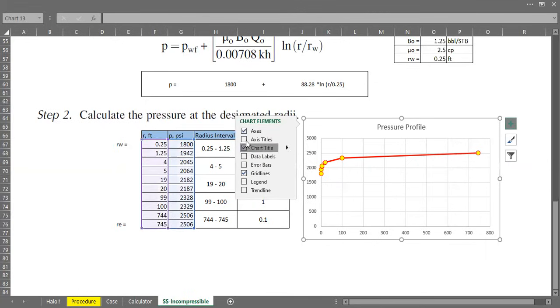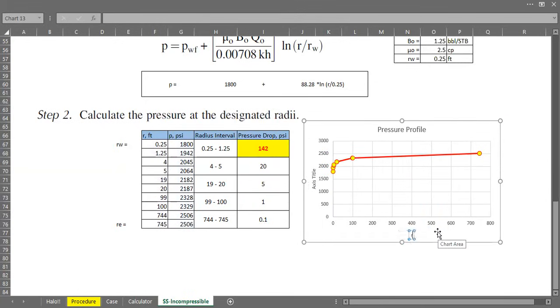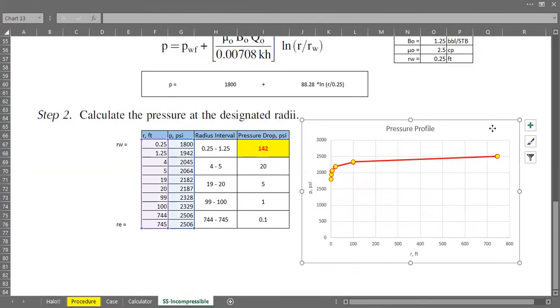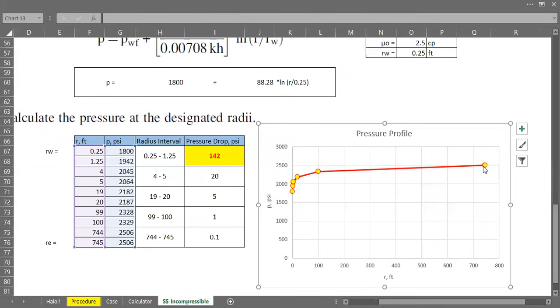I will also make axis title. So this one is radius in feet, and this one is pressure P in PSI. There you go. All right. So you see the pressure profile is like this, and closer to the wellbore, the pressure drop becomes more significant.